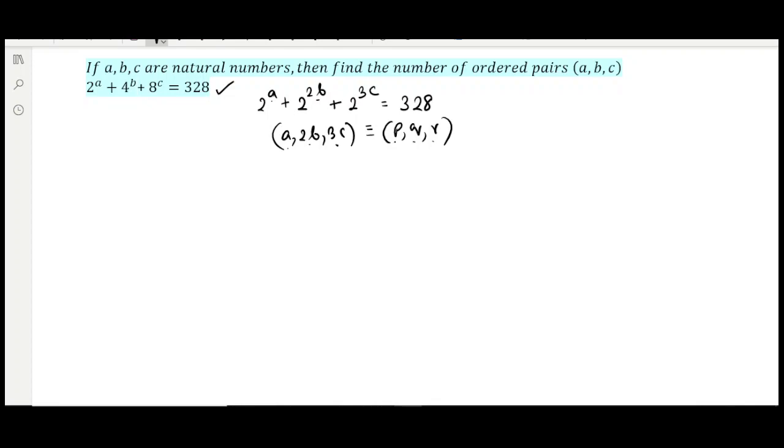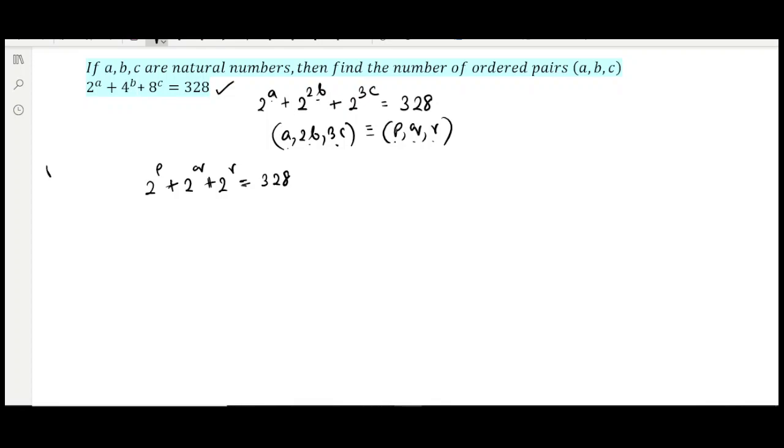And so we are substituting, the equation will become 2 raised to power p, 2 raised to power q, 2 raised to power r. From where a can be p or 2b can be p, so we can write 2 raised to power p plus 2 raised to power q plus 2 raised to power r is equal to 328.